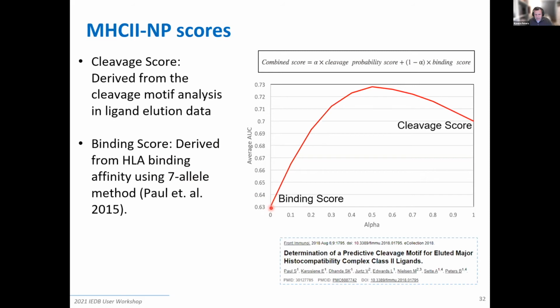And you can see that the binding by itself and the cleavage by itself both work. And when we combine them using this simple linear combination, we have a maximum here of basically using half and half of the cleavage score combined with the binding score. And then we have a better combined prediction.